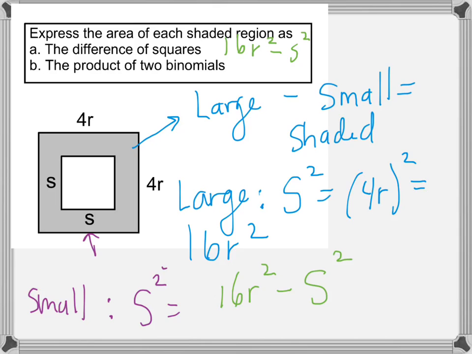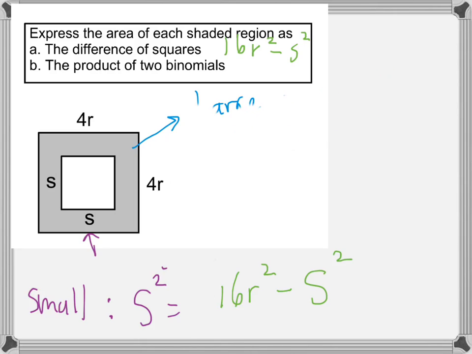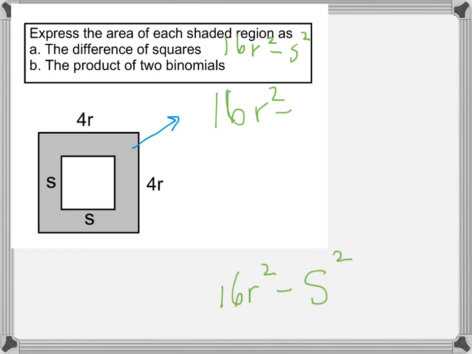Okay, now for B, it says express the area of the shaded region as the product of 2 binomials. So now we have to figure out how to write this as the product of 2 binomials. And we know, since it's the difference, that we're going to have the sum and difference of 2 terms as our binomials.